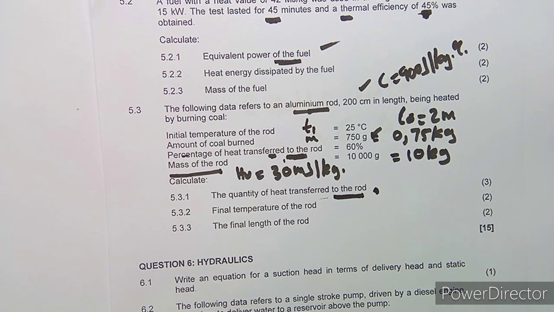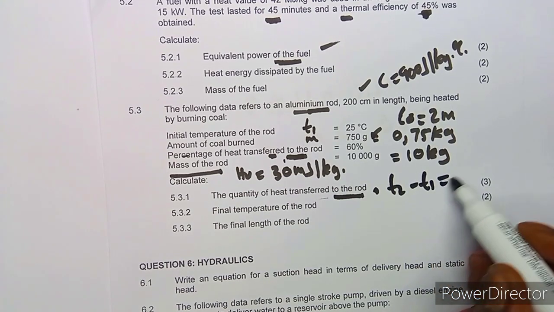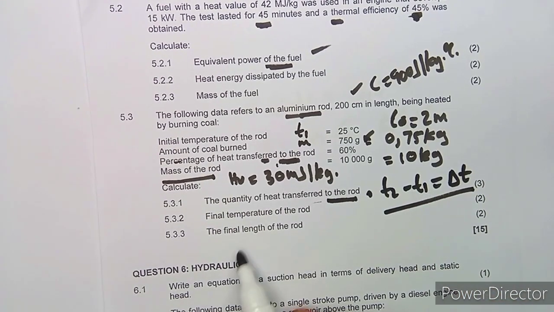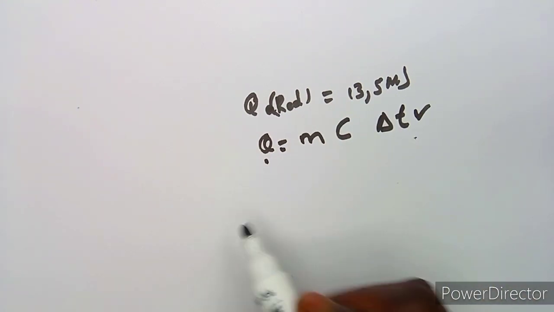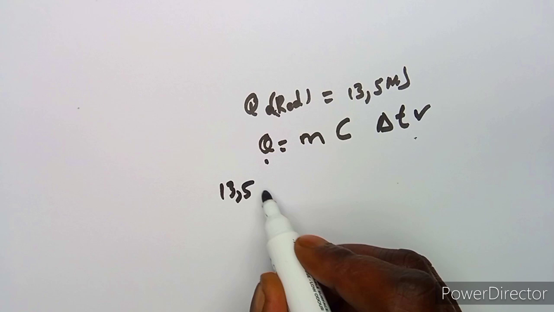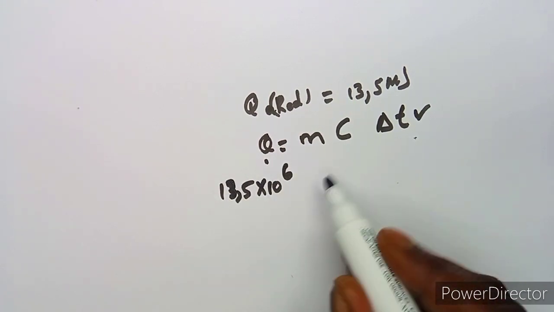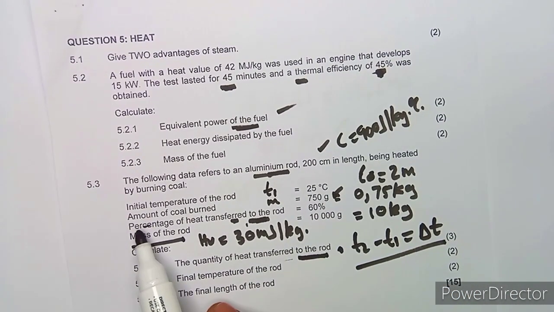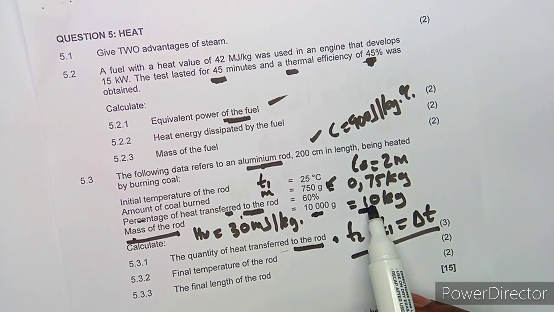Then we use it to calculate the final temperature, because we know that T2 minus T1 is equal to the change in temperature. So let's just substitute our values, guys. Q for the rod, which is the 75% that was transferred, which is 13.5 mega, means times 10 to the exponent of 6, is equivalent to the mass of the rod, which is 10,000 grams, which we said is 10 kgs.